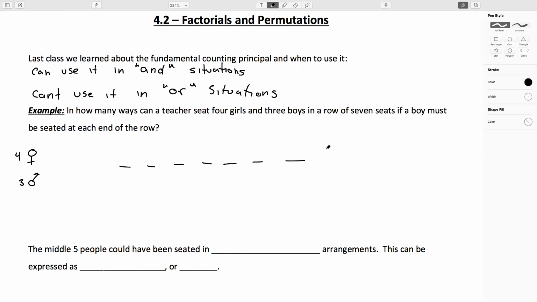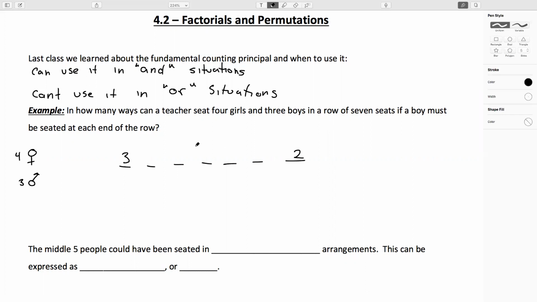And then we know that a boy must be seated on each end. Now, let's fill the ends in first. There's 3 options for boys, so there's 3 options for this first spot. Once we've picked one, that leaves us with only 2 options for the other end. And it doesn't matter which end you put the 3 and which end you put the 2, because you're multiplying them together and you'll get the same answer regardless.